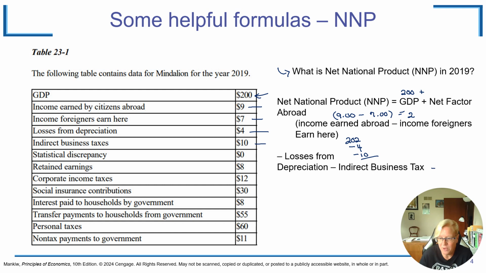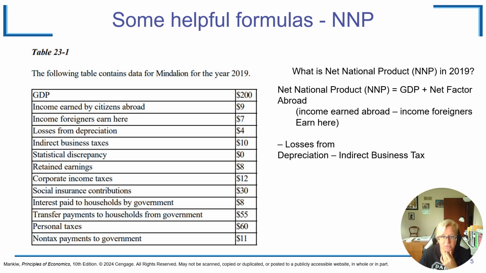So we end up with 188, and that is the answer to our problem. What is the net national product in 2019? Notice I don't use any of the others. So net national product, that's the formula. That's how we're going to do it.